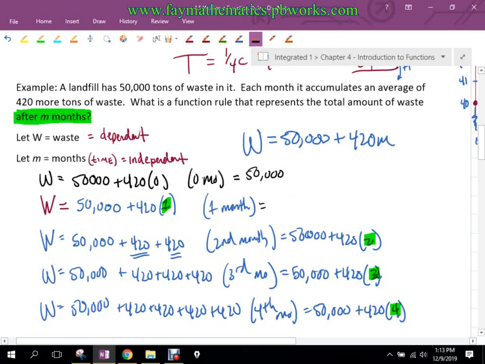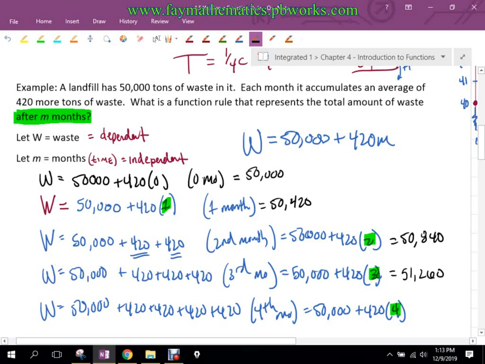The second one would be 50,420. This next one would be 50,840. The next one, adding another 420, would be 51,260. Okay, and I can keep doing that.